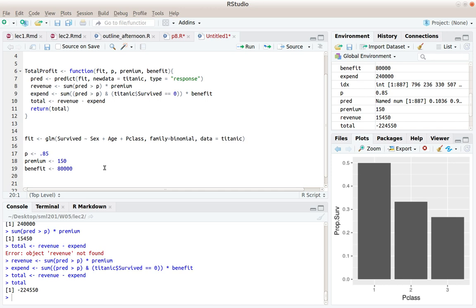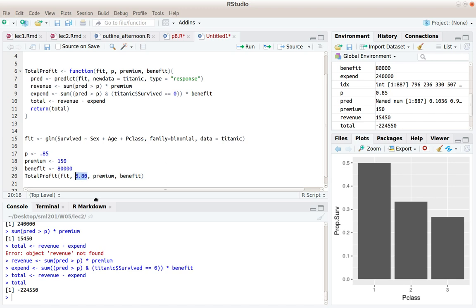So in order to run it, we'll say total profit, fit, P, premium, benefit. So here, of course, I could just say 80,000 instead. So I just defined it here so that it's a little bit nicer. I made sure that the order here is the same. And again, be clear that I could also have said 0.85, or for that matter 0.80 here. That would be just as valid.